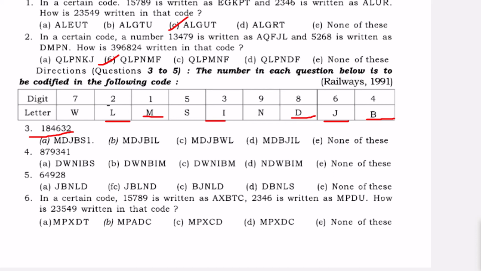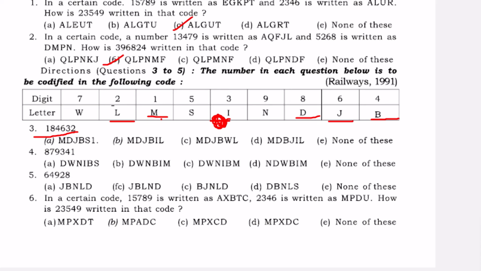Okay, 1 is over here, I'm sorry, that was I. That was I. M, D, B. 184632: J, I, L. MDB JIL. Option D.